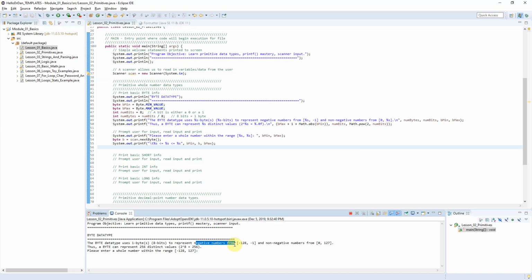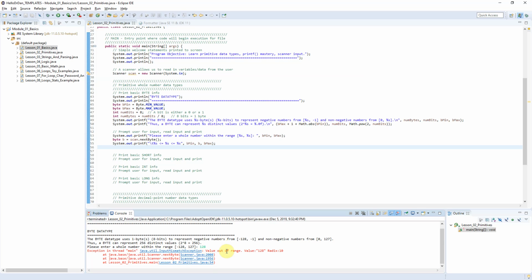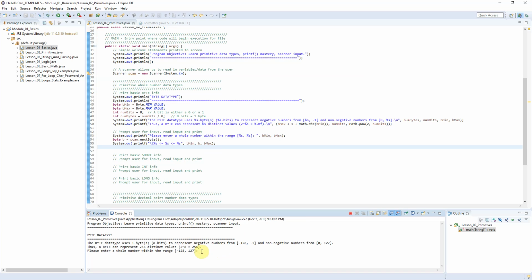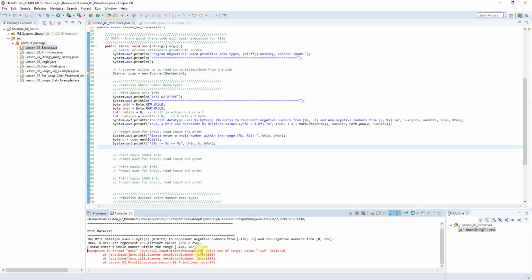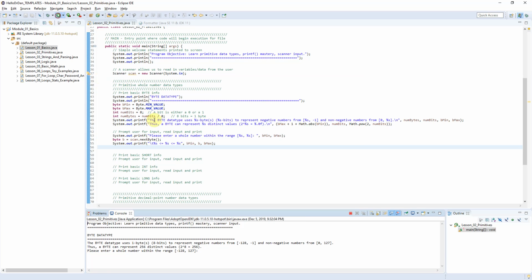Those values range from negative numbers -128 to -1, and non-negative numbers 0 to 127. If I try to store a value like 128, it's just not going to work. We're going to have a big fat error in our program. If I try to store a value like -129, not going to work. Big fat error. But if I want to store a value like 89, perfect, because that is in the range of -128 to 127.